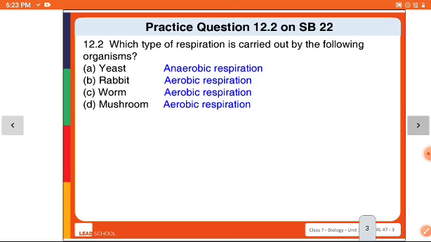Practice question 12.2 in your SB22: which type of respiration is carried out by the following organisms? For example, yeast is anaerobic respiration. Rabbit is aerobic respiration, worm is aerobic respiration, and mushroom is aerobic respiration.